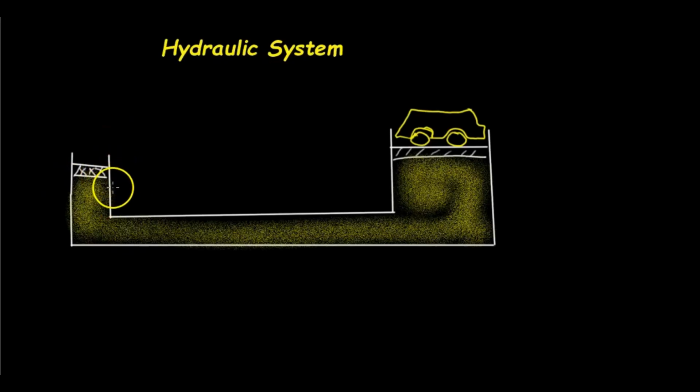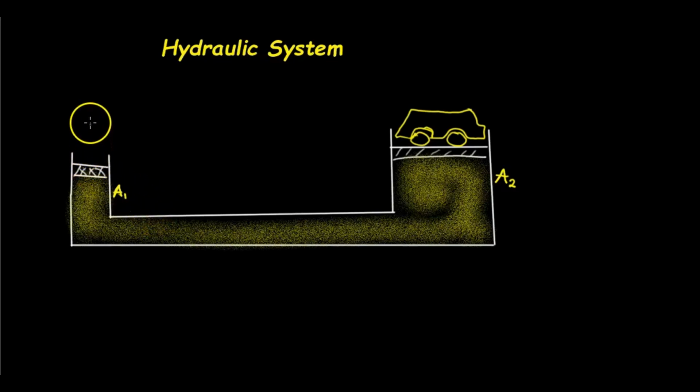One side of the system would have a small cross-sectional area, and the other side will also have a much wider surface area. Let me call those 1 and 2.